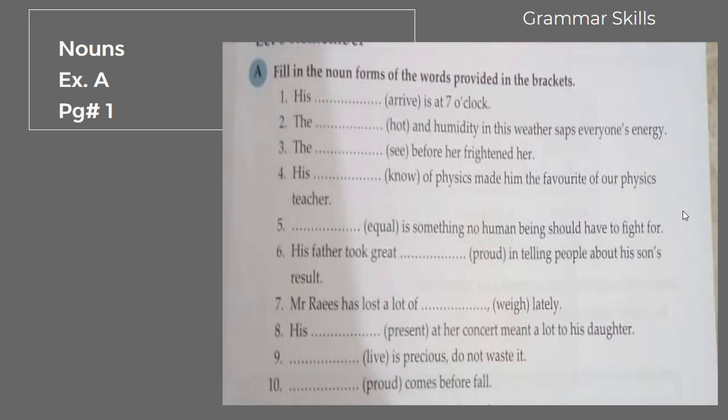Fill in the noun forms of the words provided in the brackets. Here you will see after every blank there are words in the brackets: arrive, hot, see, know, equal, proud, weigh, present, life, proud. All these words given in brackets can be changed into nouns.